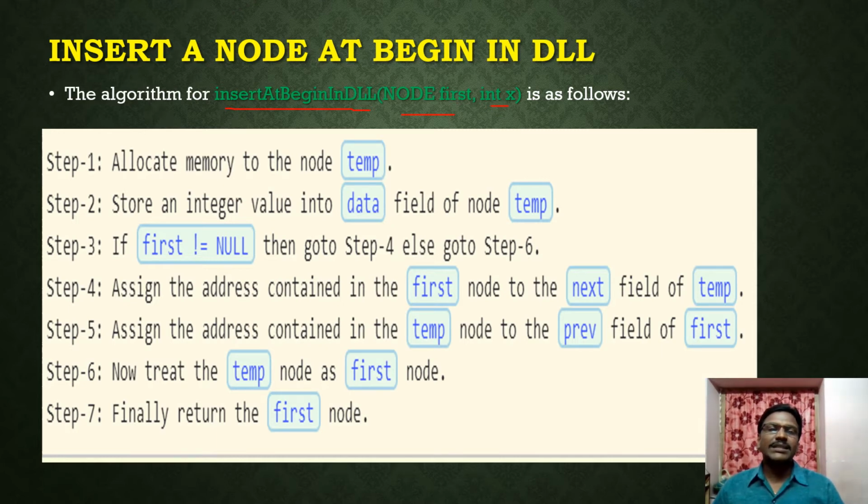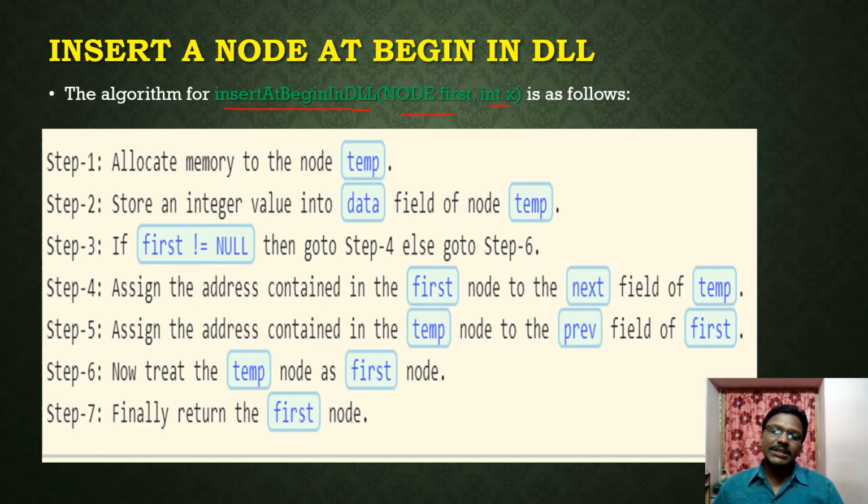Then check the condition: if first not equal to None. If the condition is false, it means it is the first node of the doubly linked list. In case the condition fails, move to the else part. That is, make temp node as first. There are no nodes in the doubly linked list.